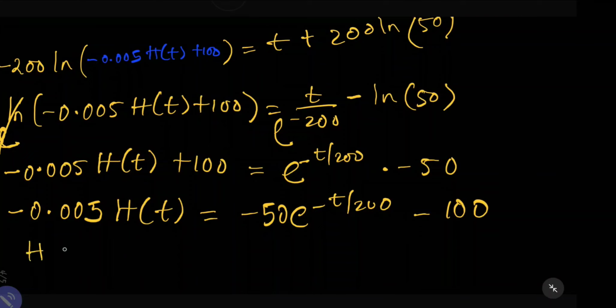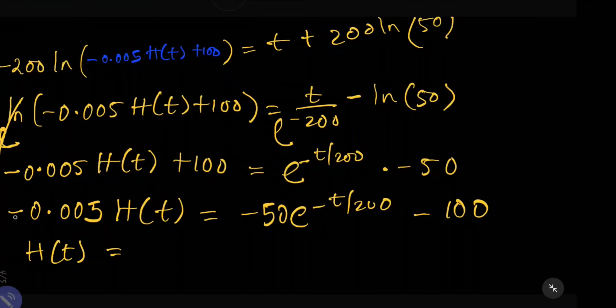And for our value of h of t, we would have to divide each term, this term and this term, by minus 0.005. To do that, you could just grab your calculator.